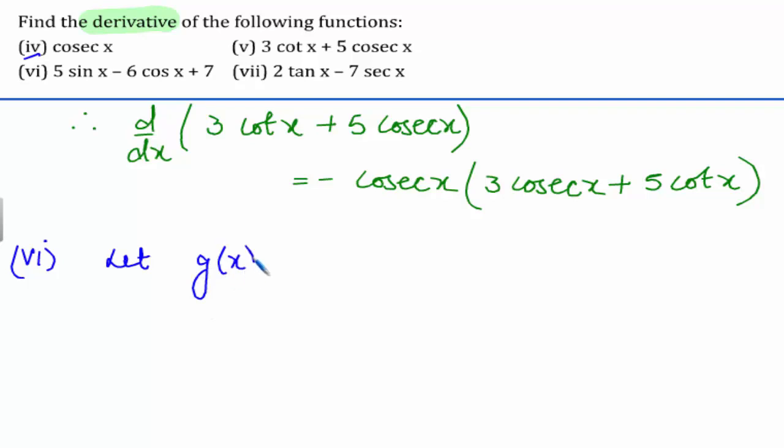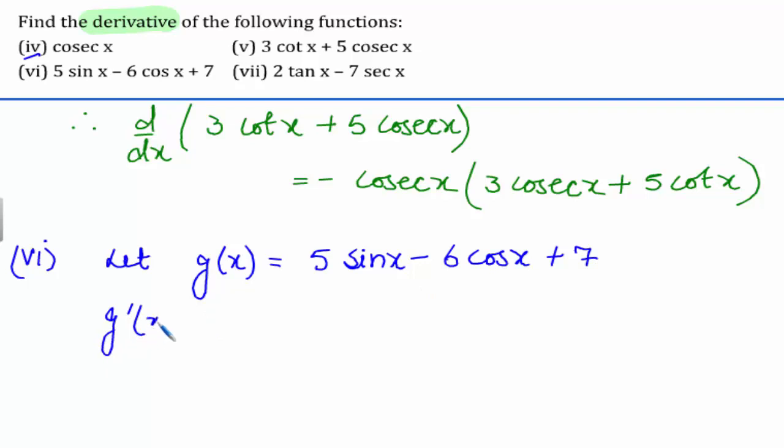So we have d/dx of 5 sin x minus 6 cos x plus 7, and this is equal to the derivative of 5 sin x minus the derivative of 6 cos x plus the derivative of 7.